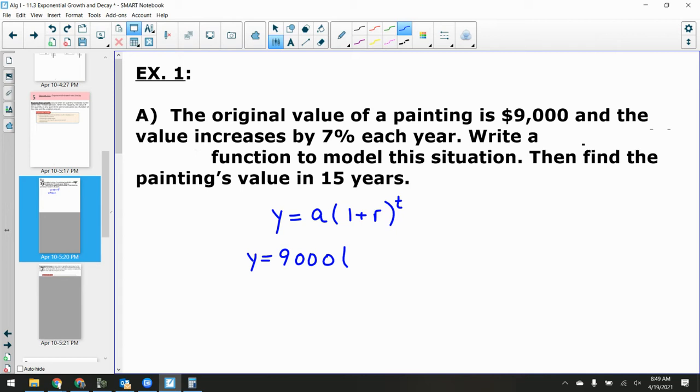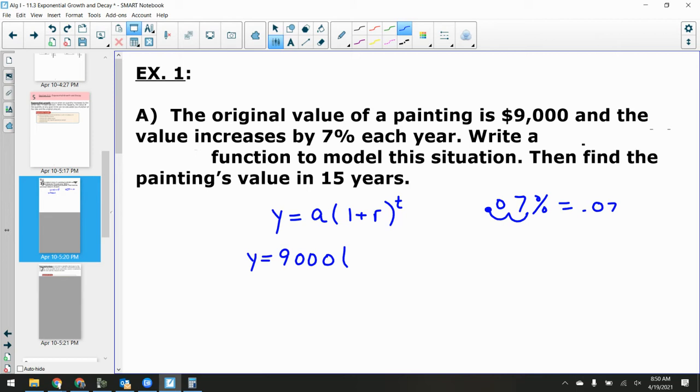What's my 7% as a decimal? 0.07. Watch out for that. Remember, if I've got 7%, that's taking that decimal and moving it over. That's 0.07, right? If you say 0.7, that's 70% growth. Buy me that painting. I love 70% growth.